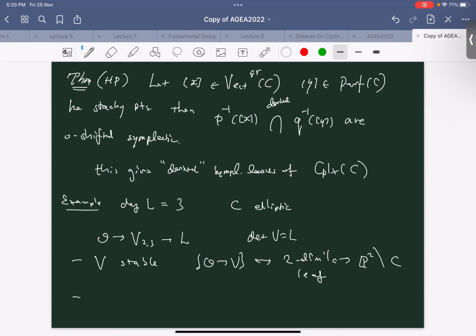Okay. So the second type of leaf is when V splits into a degree 1 line bundle and a degree 2 line bundle. Okay. So in this case, Li are line bundles of degree i. So in this case, again, for determinant reasons, we have L1 tensor L2 must be equal to L. Okay.